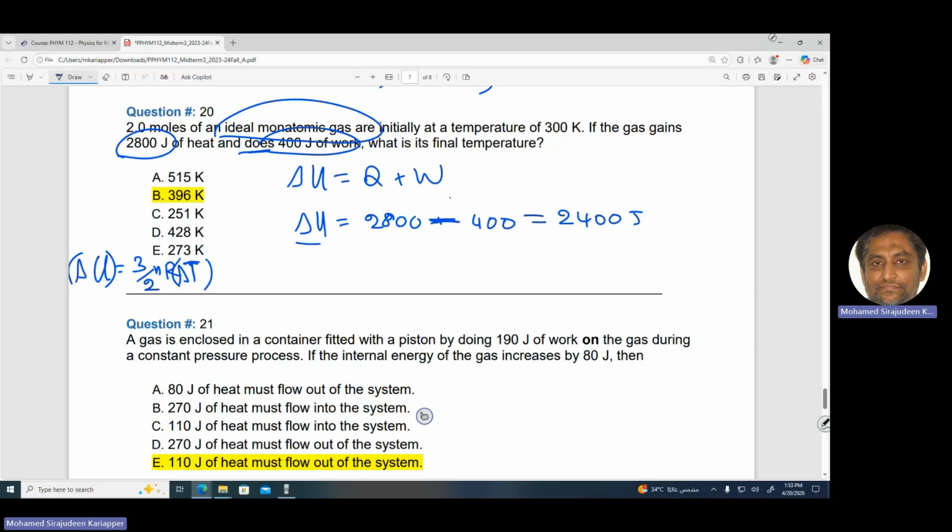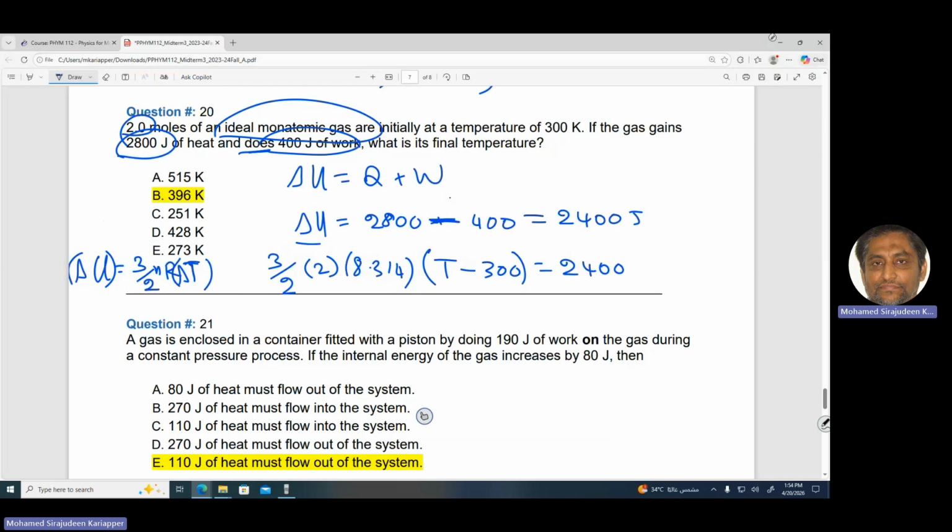So now I can write for delta U: 3/2, n is 2 moles, R is equal to 8.314, and delta T is the final temperature, which is unknown, minus the initial temperature, which is 300 Kelvin, equal to 2400 joule. Everything in SI unit, the only unknown is the final temperature.